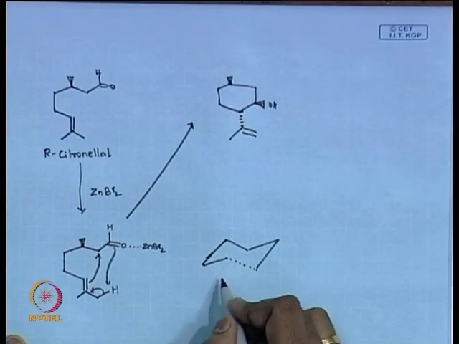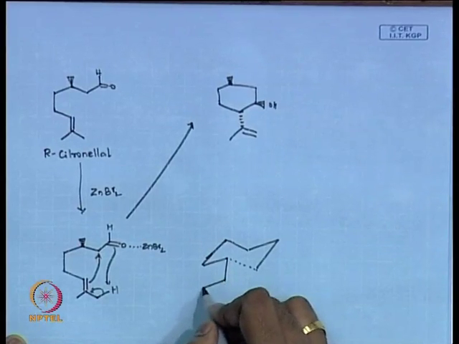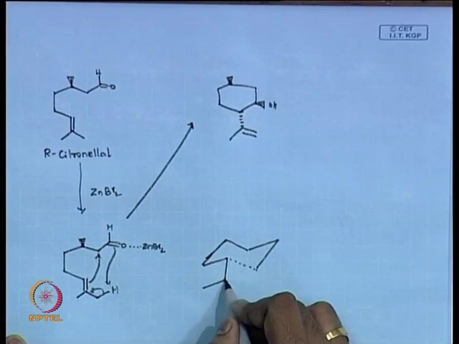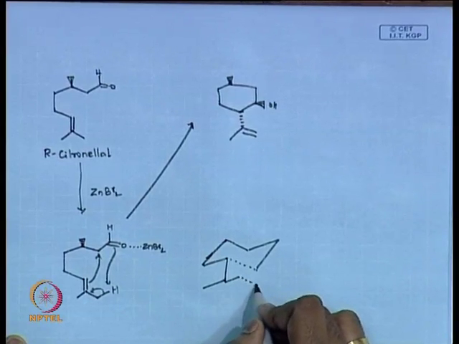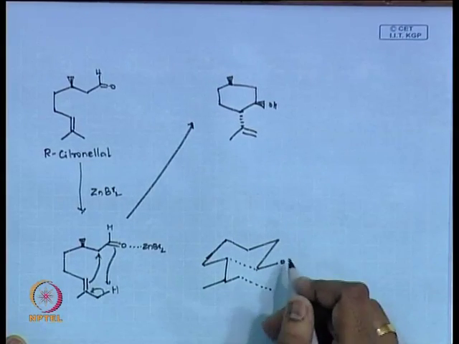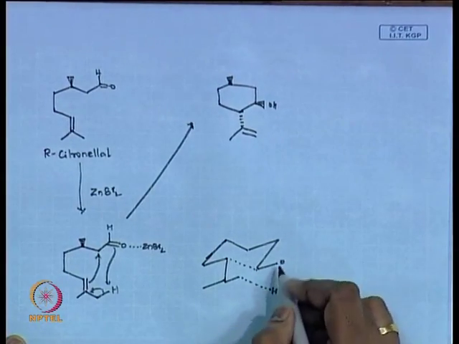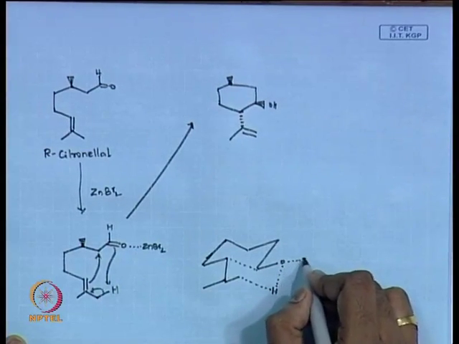So, this part, then I have my double bond, then you have your oxygen, and this is the hydrogen I am talking about, and it is zinc bromide.